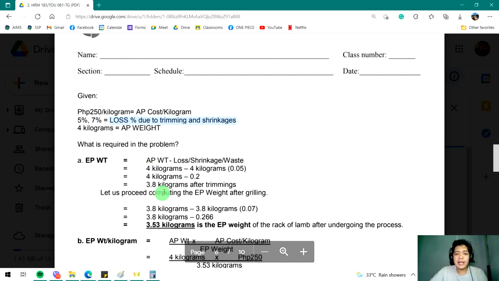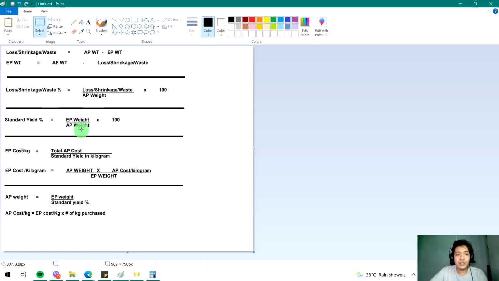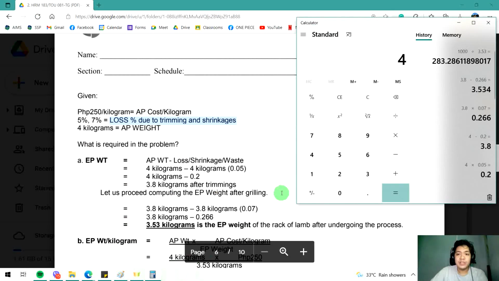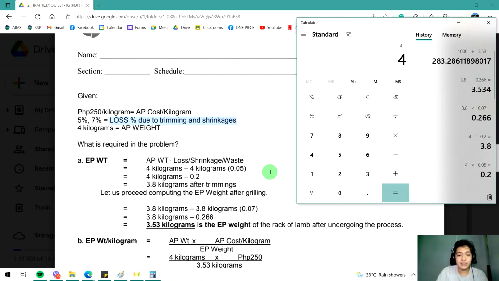So, ang gagawin natin para makuha yung percent ng loss is to just subtract EP weight from the AP weight, or as purchase weight minus EP weight. So, tingnan natin dito. Ang as purchase weight natin is 4. And then, ang ating EP weight is 3.53. Or unahin muna natin yung 3.8. So, makukuha natin yung 0.2.